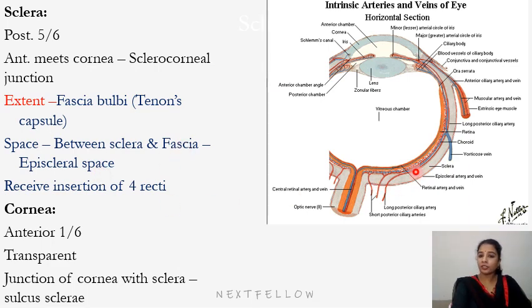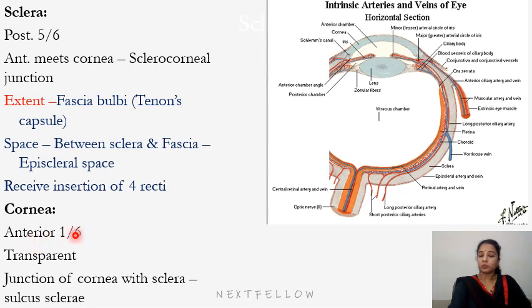And the sclera receives the insertion of four recti and the oblique muscles as well, which are the major extraocular muscles except levator palpebrae superioris, which inserts into the upper eyelid. Remaining all extraocular muscles are inserted into the sclera.